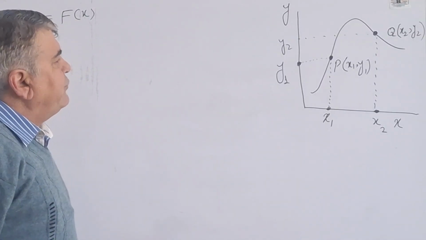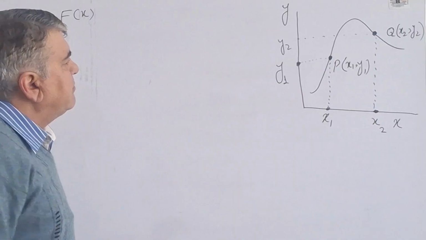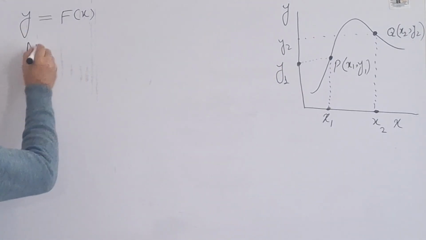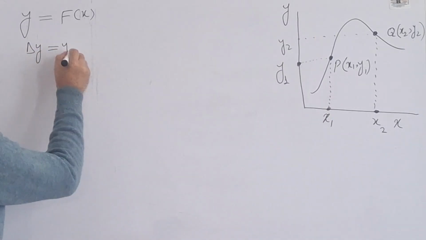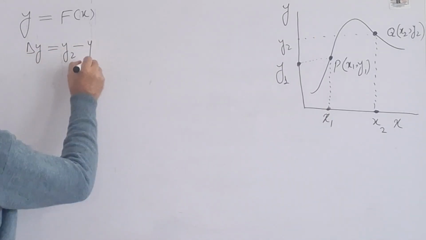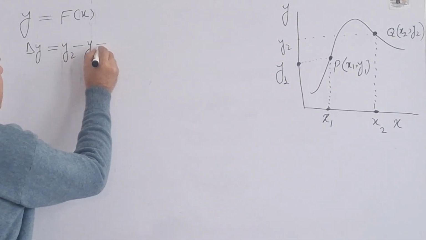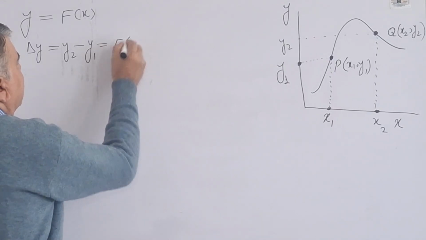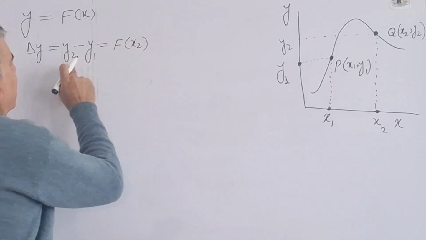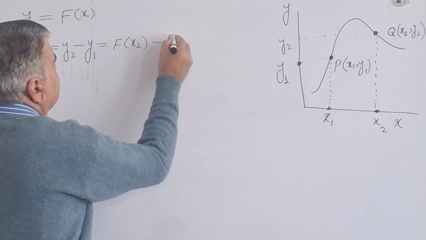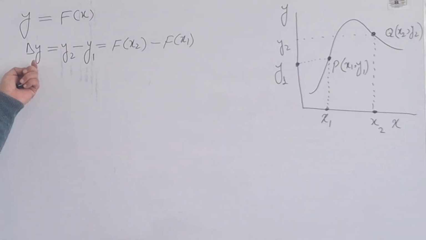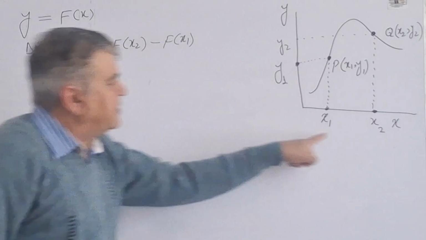Now, the change in the values of the function between these 2 points is in fact delta y equals y2 minus y1, or in terms of the function, I can write that as f of x2 for y2 minus f of x1 for y1. And this change in function corresponds to the change in the dependent variable.